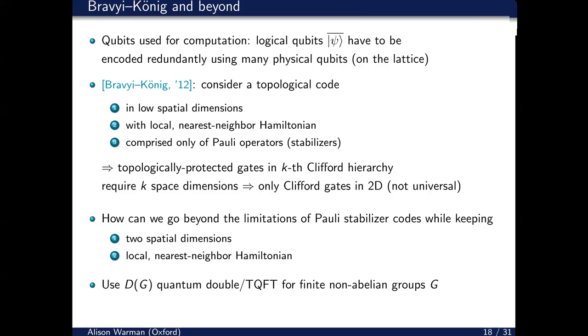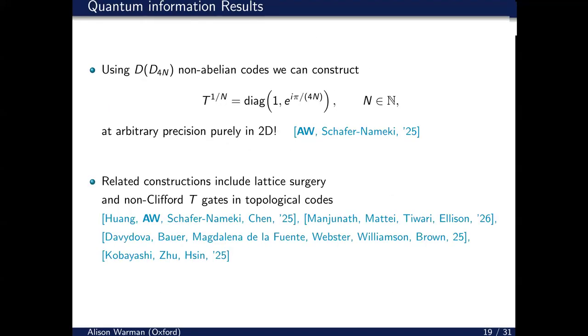The answer then is to use quantum doubles for finite non-abelian groups G. The result is that we will be able to construct topologically protected phase gates of arbitrary precision purely in 2D. There are also related constructions used in lattice surgery or constructing just the T gate.